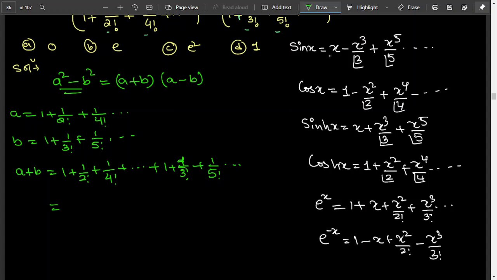Right, so this will be 1 plus 1 is 2 plus 1 upon 2 factorial plus 1 upon 3 factorial plus 1 upon 4 factorial and so on. So if I take this a plus b, this will be nothing but 1 plus 1 plus 1 by 2 factorial.